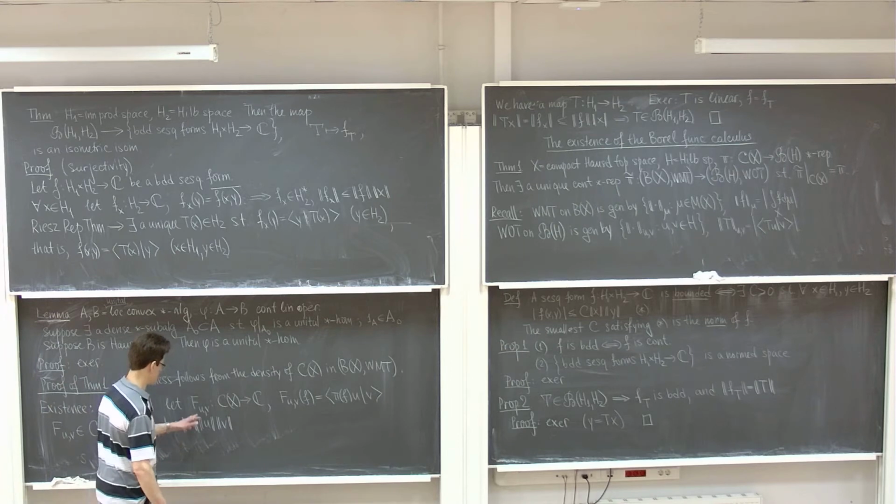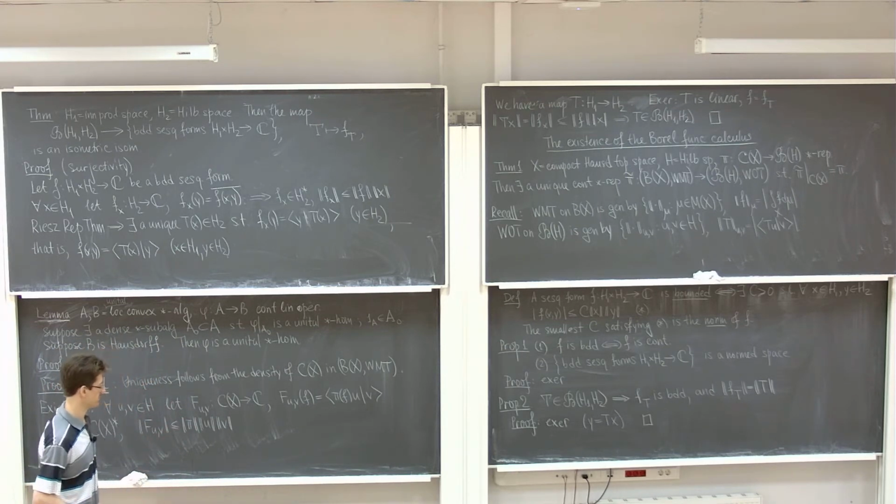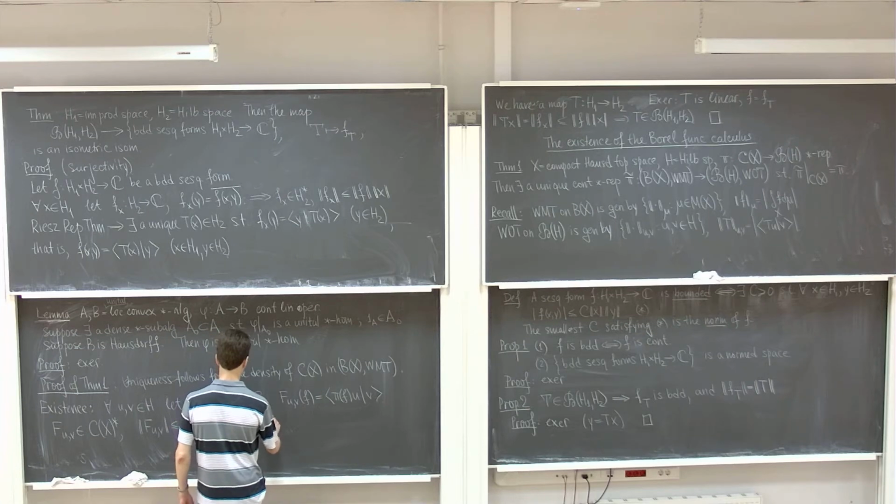Let's also recall that the norm of each star representation, of each star homomorphism between C-star algebras equals 1. So this is just the norm of u multiplied by the norm of v.